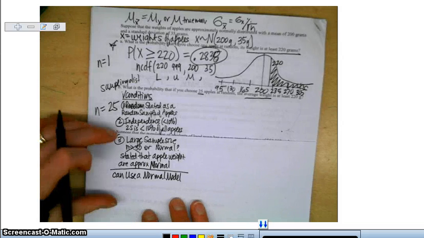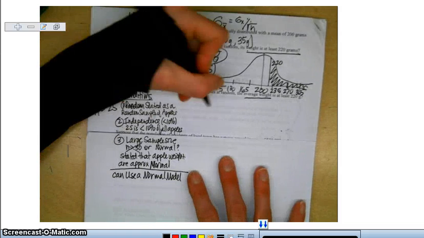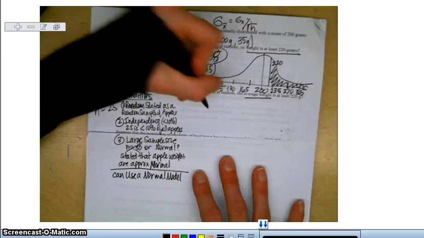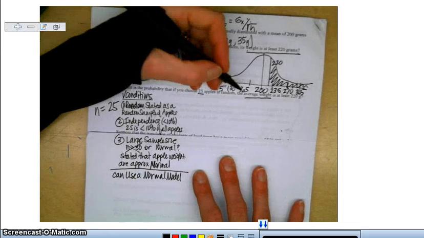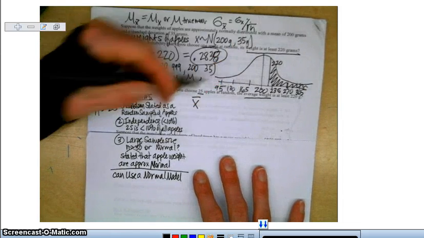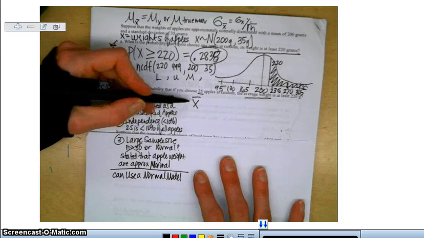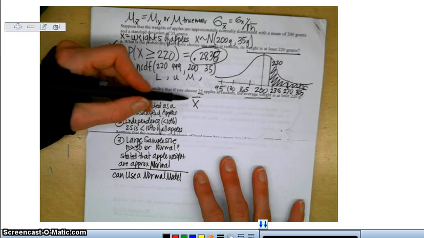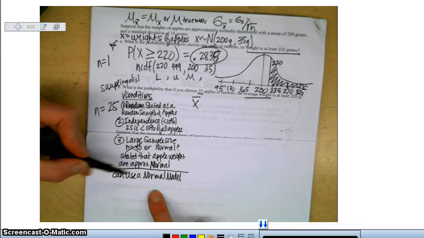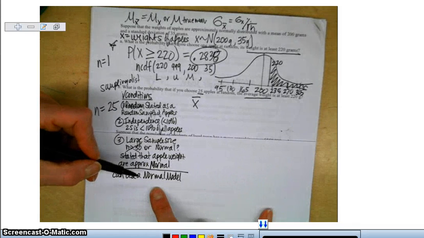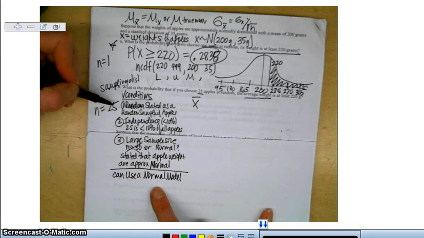So now I can use the normal model. So now my apple weights, this is X bar. It's the sampling distribution of the sample mean. Wasn't that the title of the notes today? We took a sample and we calculated the mean, the average weight of these 25 apples.